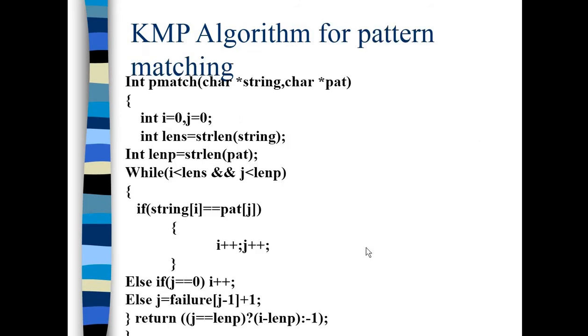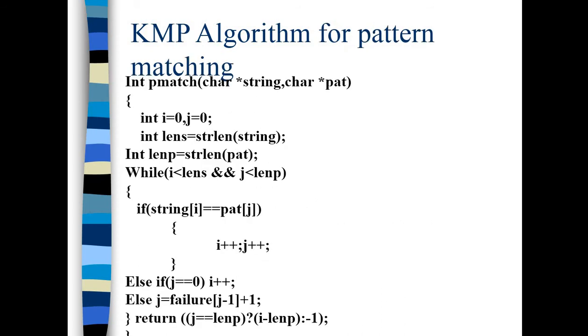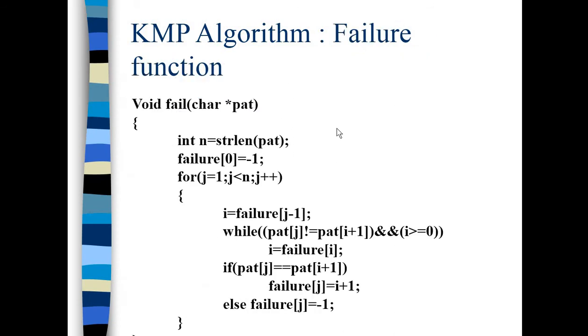Okay, so now we'll see the KMP algorithm for pattern matching as well as how to find the failure value. Here n is the length of the string we have taken.